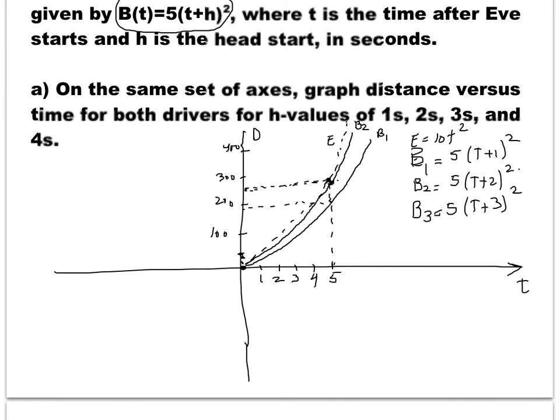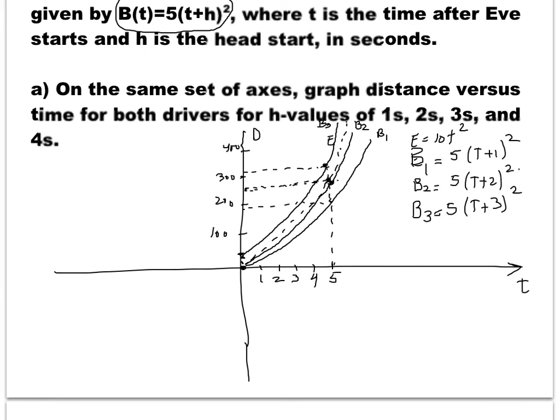When t is equal to 5 again, we get 5 plus 3 squared, which is 8 squared. 64 times 5 is 320. If 300 is here, so 320 is somewhere around here. So this is the point, and our graph is going to be somewhere along here. We call this one B3.